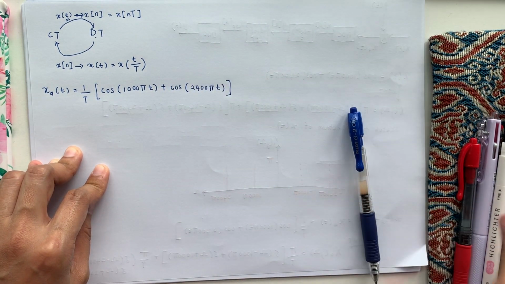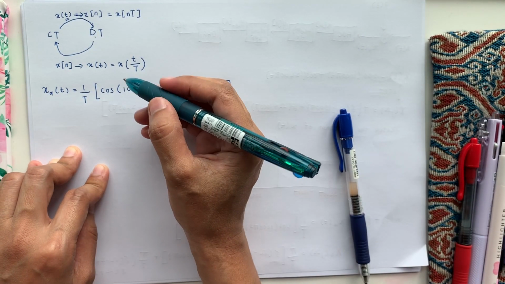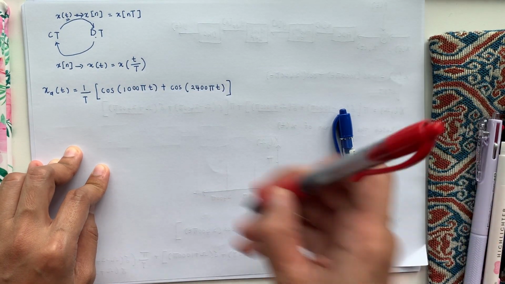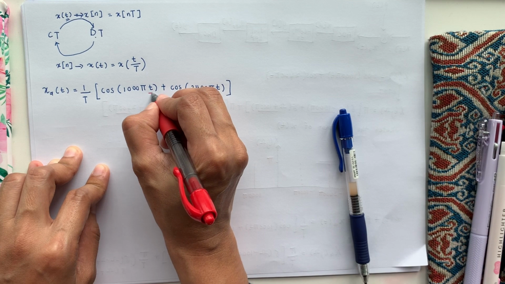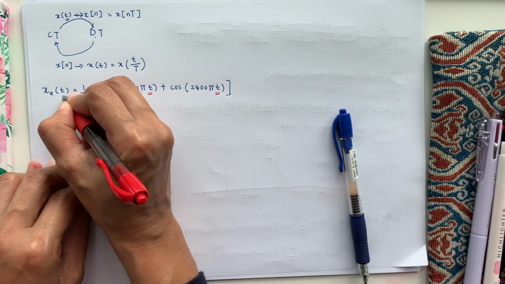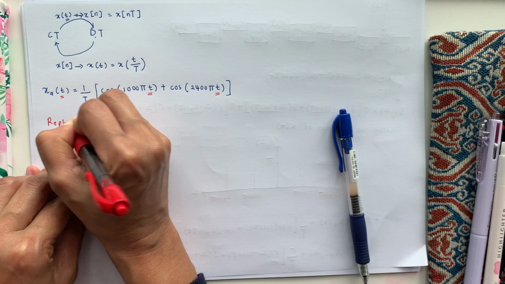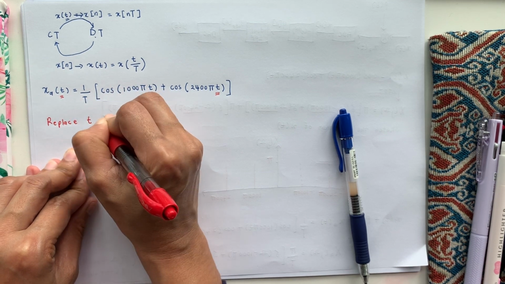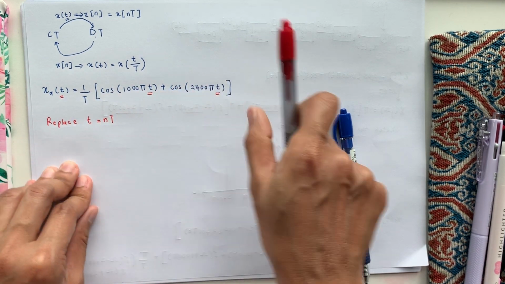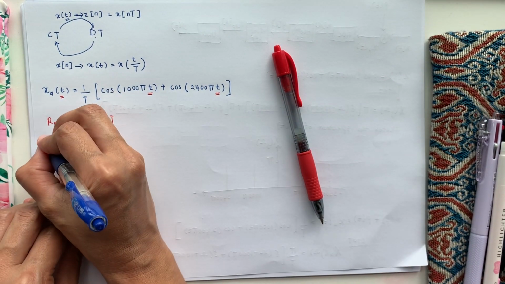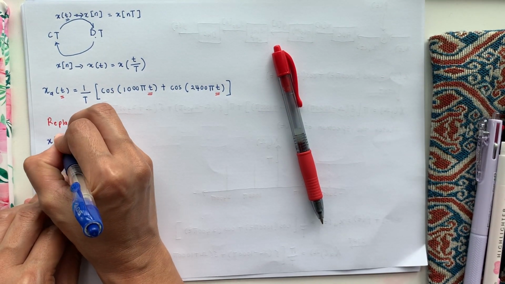So what you have to do is replace your t with nT. So replace t with nT, and what you are going to get is x[n].